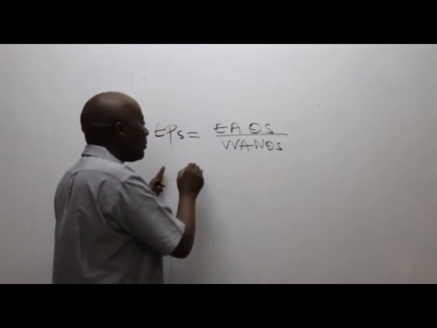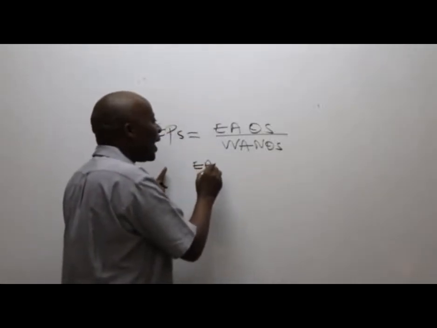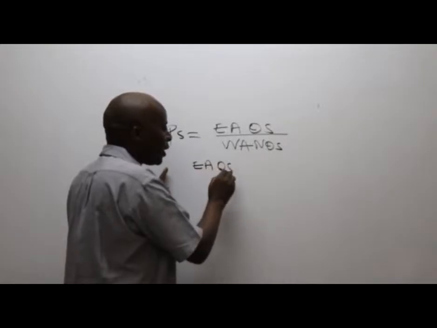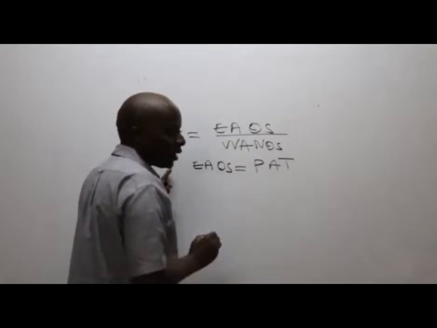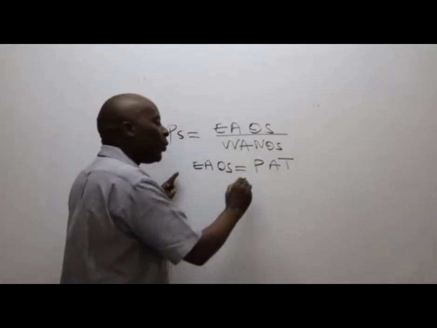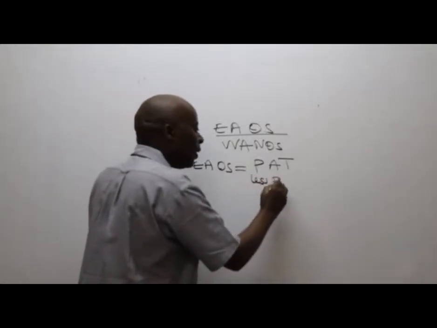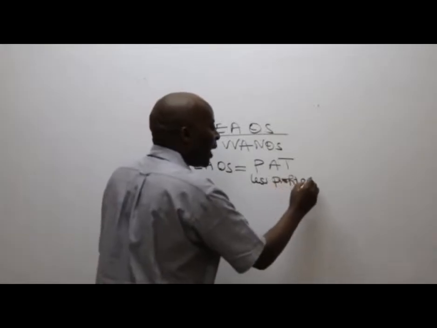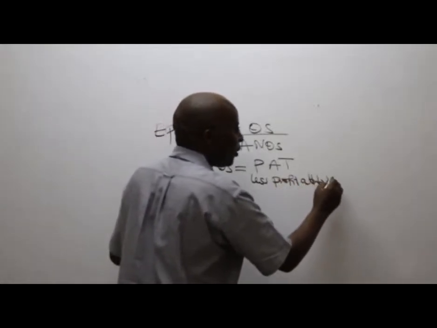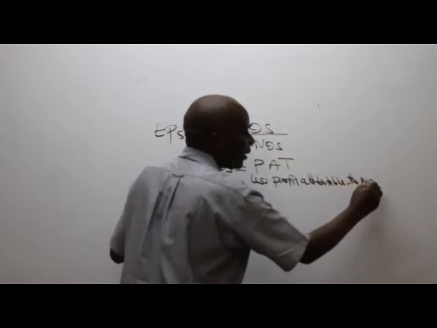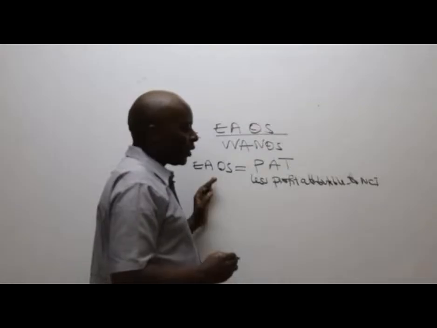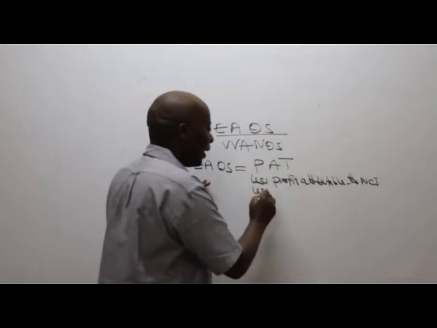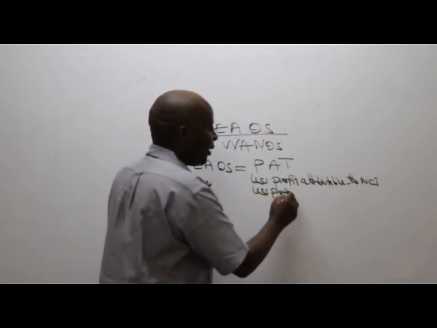How do we get our earnings attributable to ordinary shareholders? This is very easy. We normally take profit after tax, and then we less profit attributable to NCI, and then of course less preference dividends.